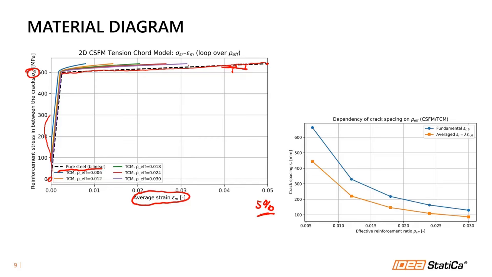Okay, but based on that, if we consider the tension chord models, I made a loop over some reinforcement ratios from really low reinforced concrete to high reinforced concrete, and we can observe what is happening with the stresses and with the strains.